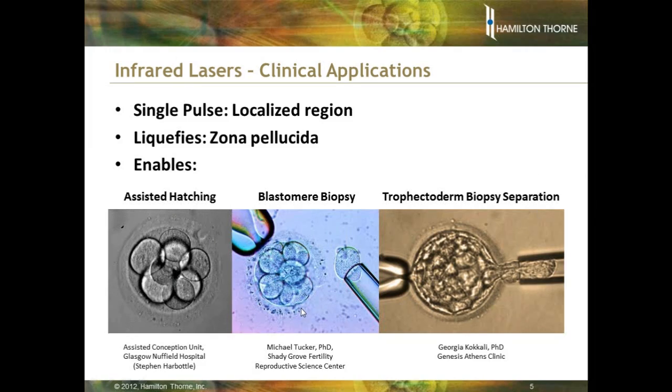This can be done leaving a flap so that there isn't so much of a large hole left in the embryo. And finally, in trophectoderm biopsy, where the trophectoderm is herniated out, we use the laser in order to weaken the bonds of the cells holding the biopsy onto the embryo. Could I have the next slide, please?